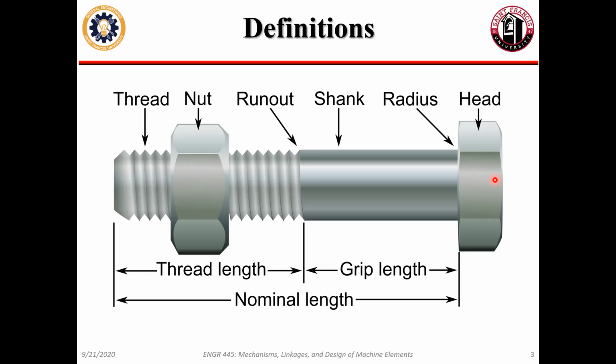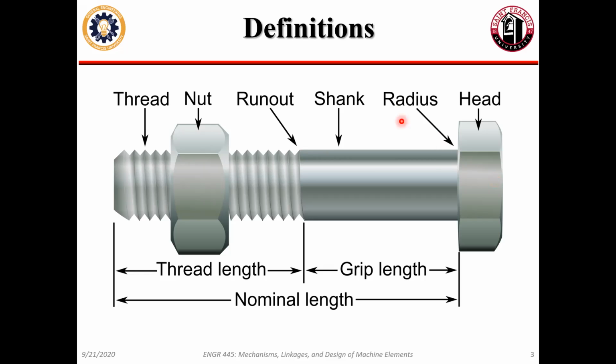You can have low profile heads. You have pan heads, socket heads, hex heads, low profile versions of all of those. Really, the head thickness depends on how you want to drive it and what style of head you get. So that's why the length of the bolt is measured from underneath of the head.